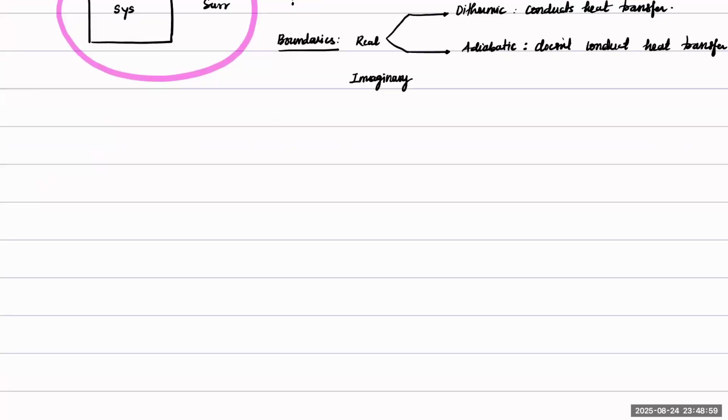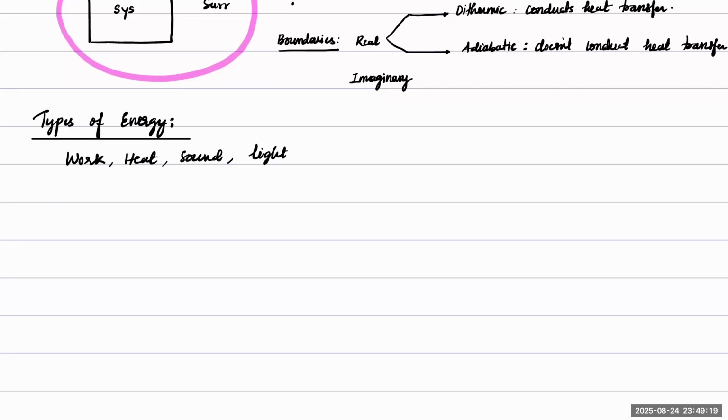This is something which we learn next. When it comes to types of energies, what are the types of energies that you will observe in thermodynamics? Okay, so we will come across the term work, heat exchange, sound energy, light energy. Light is the same as radiation energy, or sometimes the terminology used is radiation. Now these are very useful for many types of energies which we'll come across. Is that the only energy?